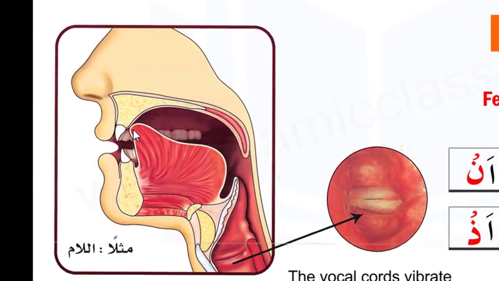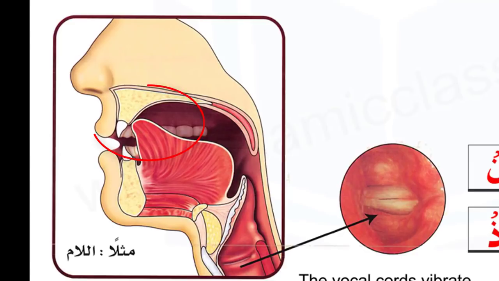And you can see in this image that the tongue is touching the gums, the roots of the upper teeth, and the sound is not flowing, the air is not flowing out. That is basically the thing. We are discontinuing the breath, as against al-hams, where we were continuing the breath, but here we discontinue the breath.